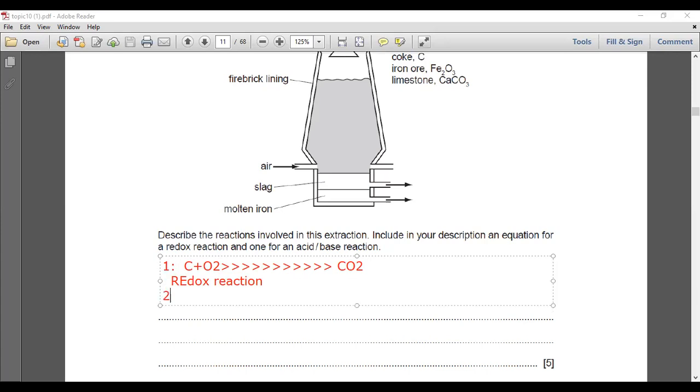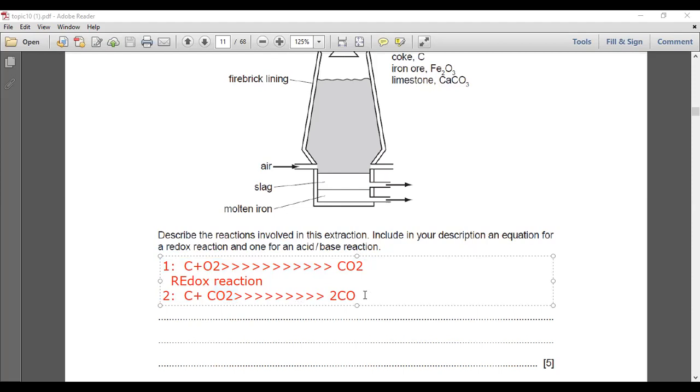Okay. Number 2. Do you remember number 2? C plus CO2. Yes. Number 2, carbon will react with CO2 to form 2CO. This is true. So we get 1 mark here for what I said, redox reaction. Mark number 2 for this chemical equation.